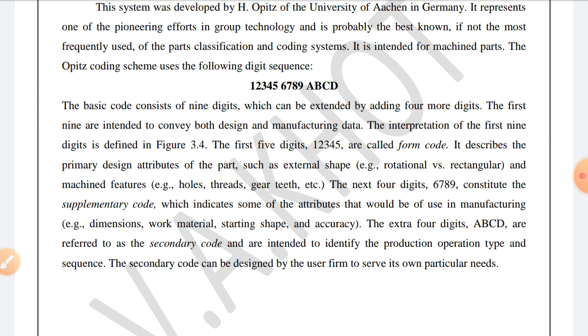The interpretation of the first 9 digits is defined like this.